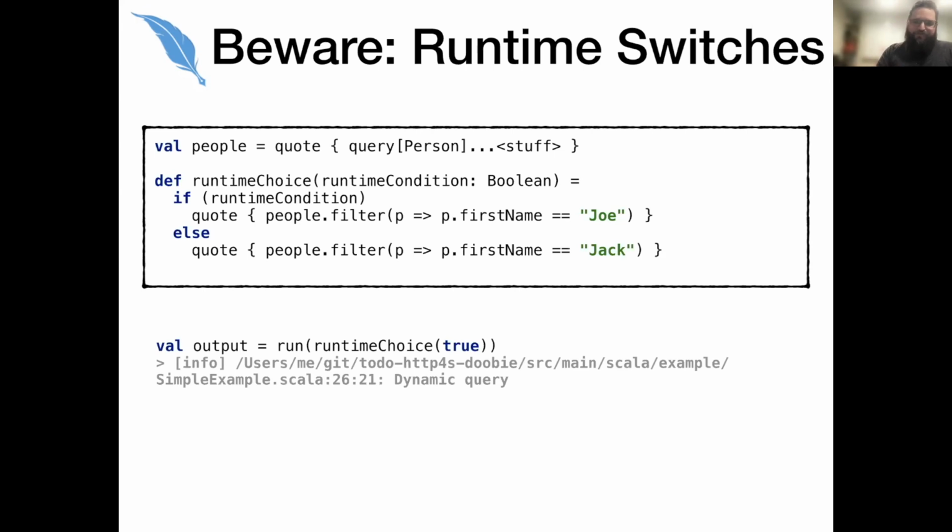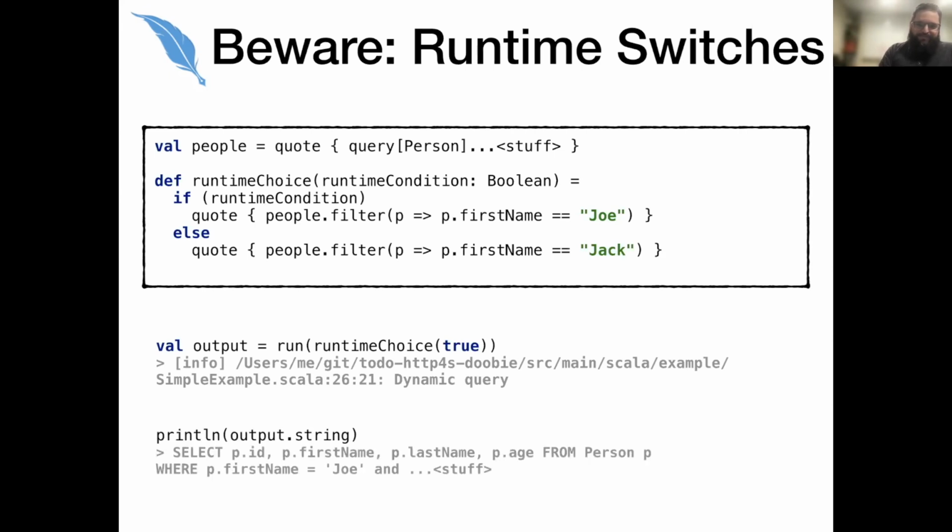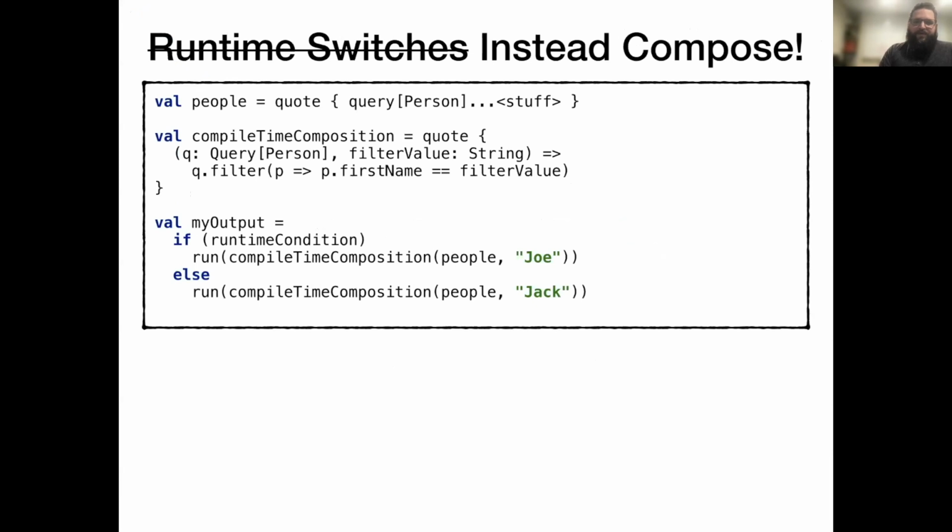But in Scala 2, it's going to be a dynamic query. So the question is, in that case, how do you compose things? What's the operative paradigm, right? If you need two different things, how do you compose them?